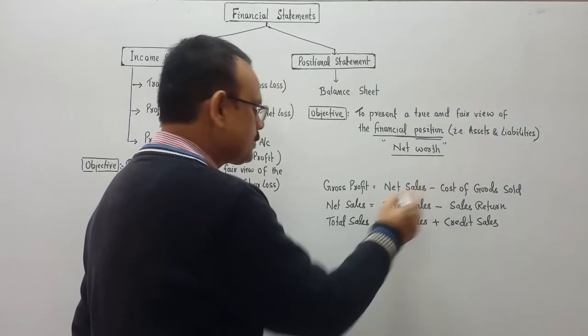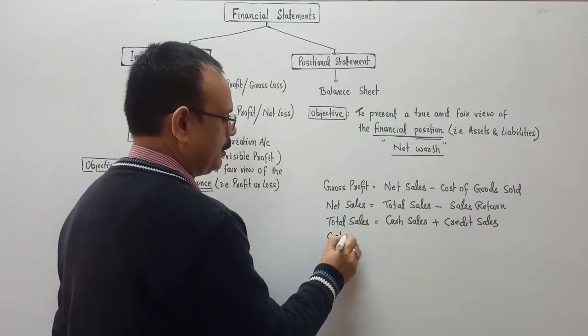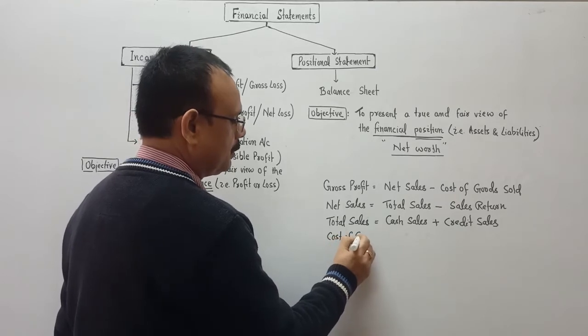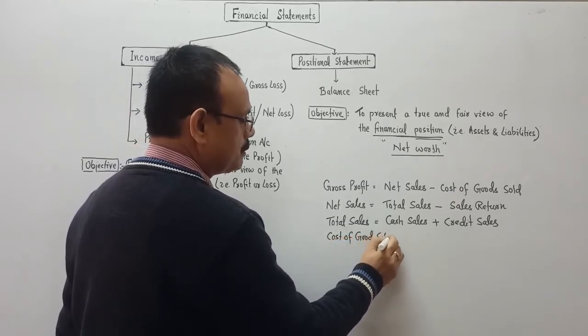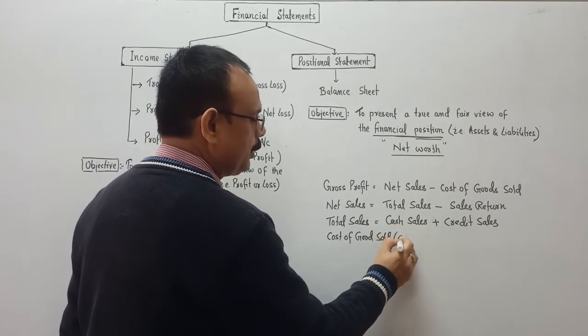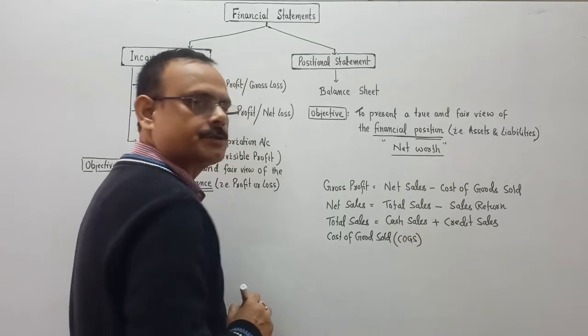Now coming to what is cost of goods sold? Cost of goods sold is also known as COGS in short.